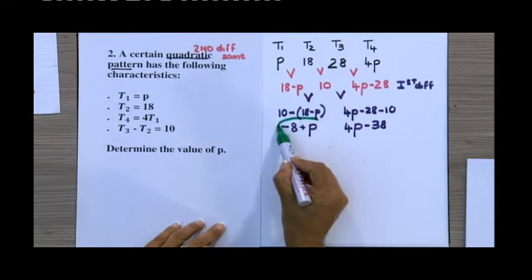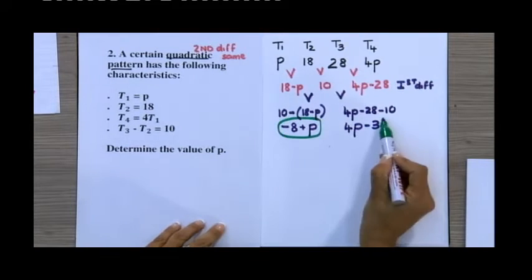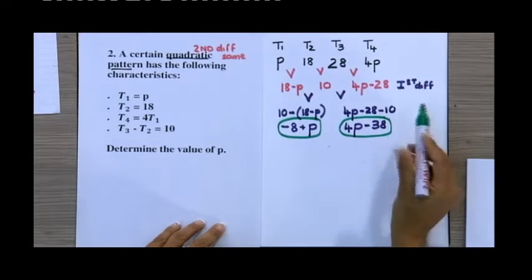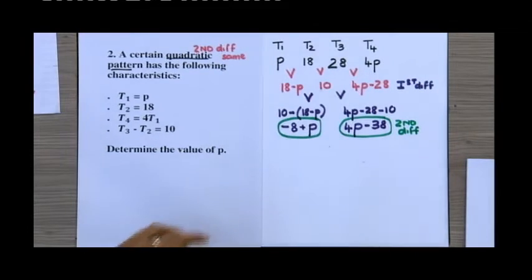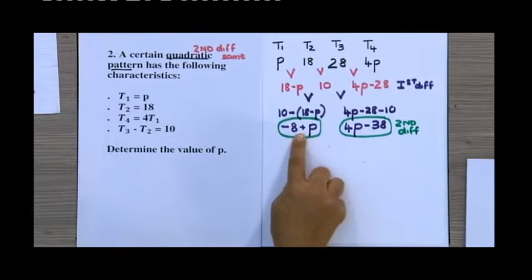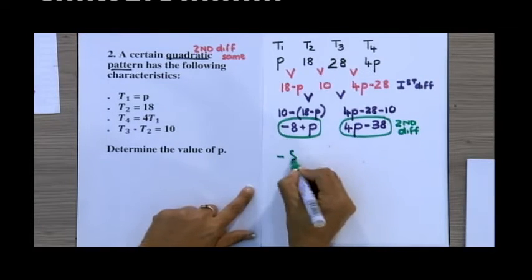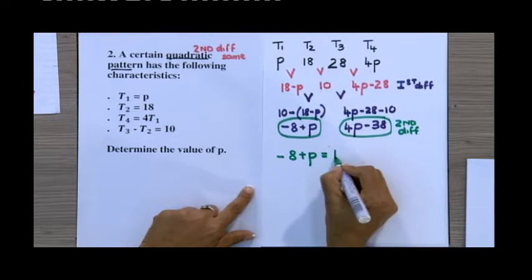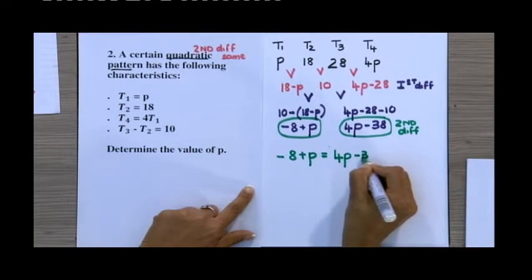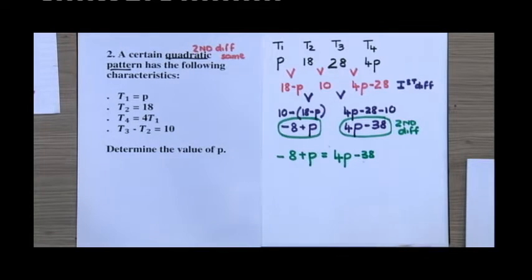So grade 11, this is a second difference and this is a second difference. Now what right do you have? You have the right to put this second difference, which is negative 8 plus P, equal to that second difference, 4P minus 38. But what gave you this right?